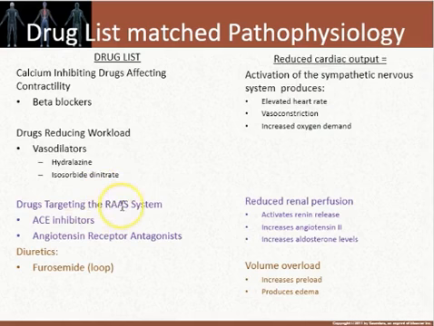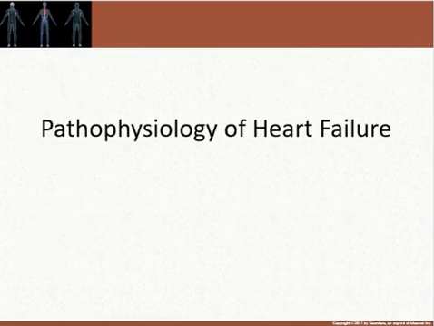Drugs that target the RAAS, or the renin-angiotensin-aldosterone system, such as ACE inhibitors and ARBs, or angiotensin receptor antagonists, are going to have their main effect on the renal perfusion status. And of course, diuretics, while having their mechanism on the kidney, also control this pathophysiological process of volume overload.